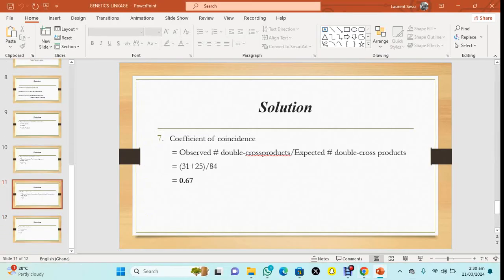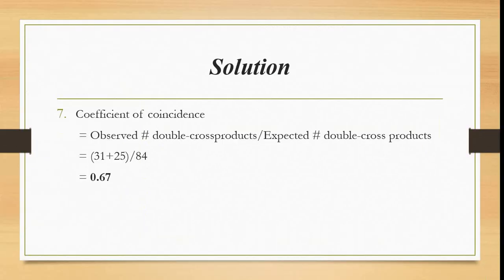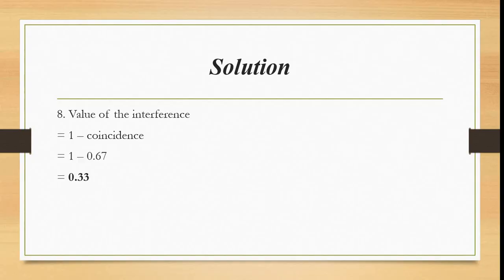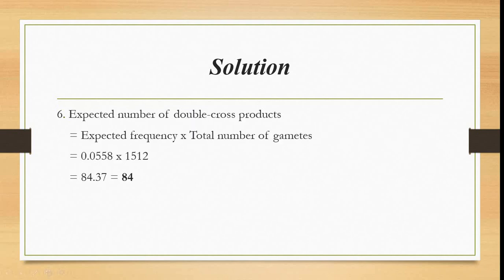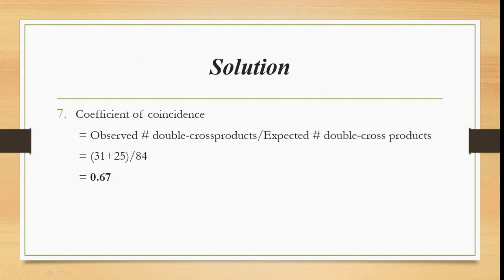That is going to be 56 divided by the expected number, which was 84 as calculated earlier. So you end up getting 0.67 as the coefficient of coincidence.